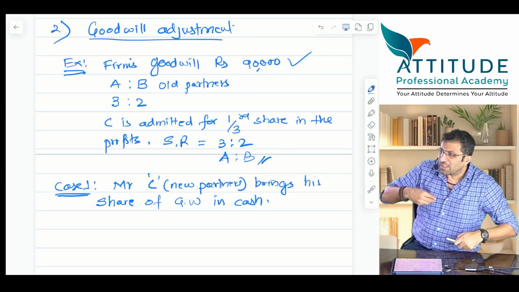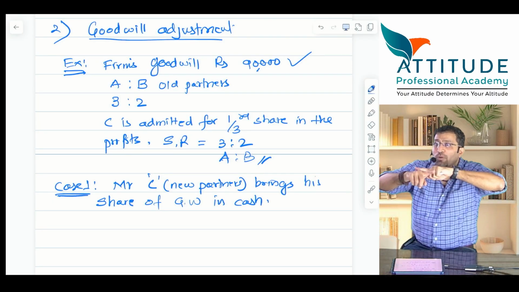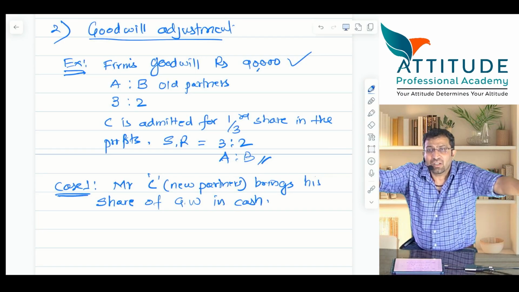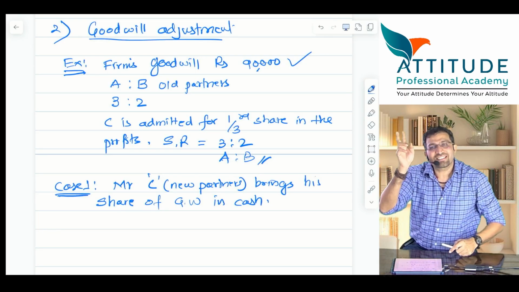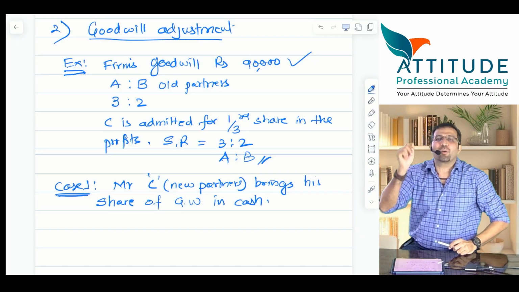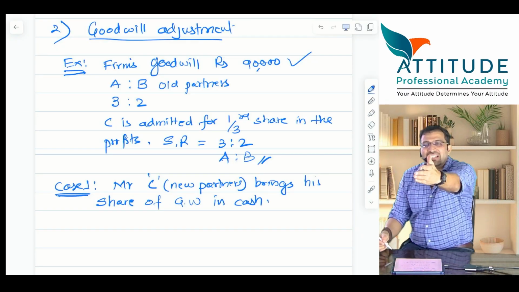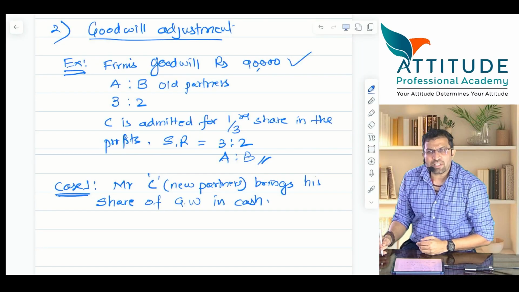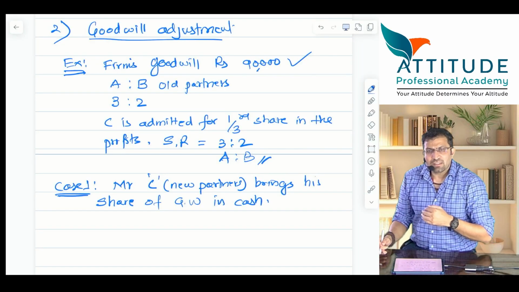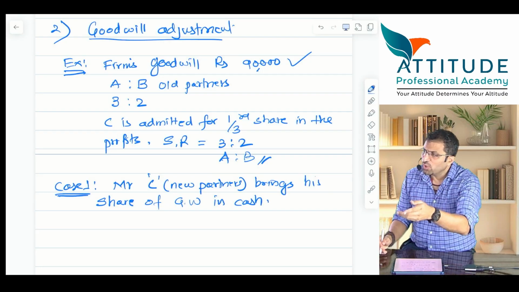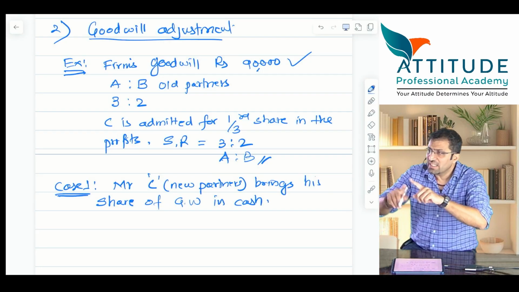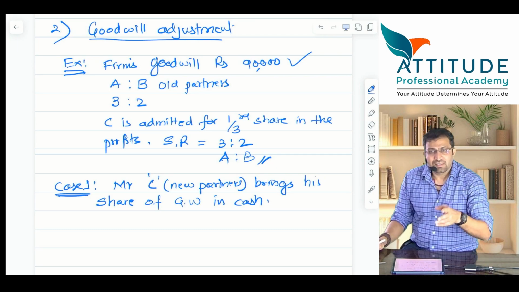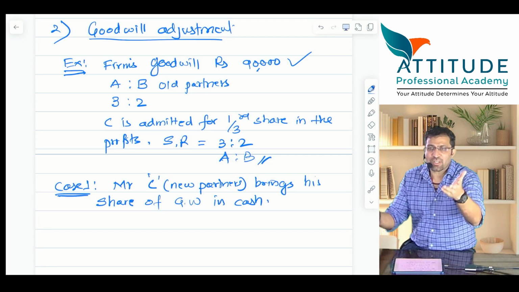So the new partner brings his share of goodwill, which will be distributed among the sacrificing partners in the sacrifice ratio, not the old profit sharing ratio. You will get as much as you have sacrificed.